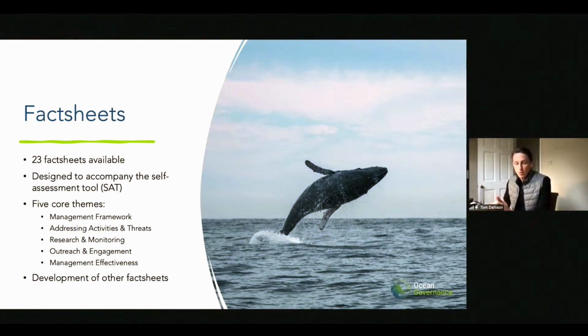The fact sheets at the moment contain 23 developed fact sheets, which are available online through the platform, and also available to download as PDF, so they can be applied in the field and offline.